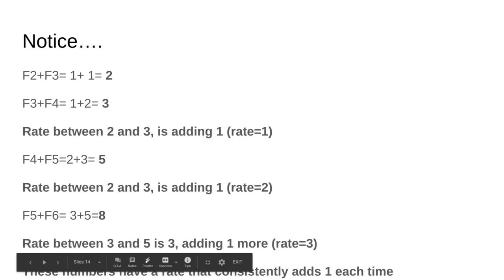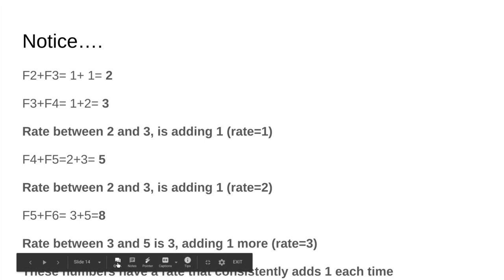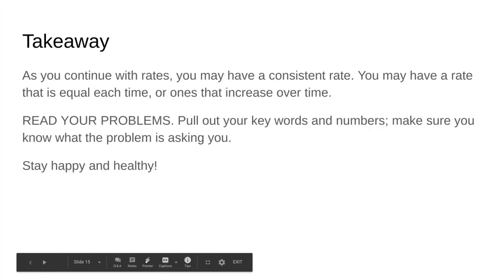If I notice something about these rates, the rate between 1 and 2 is adding 1. If I look at the rate between 2 and 3, I'm adding 1 to that rate. So my rate is continuously going up by 1. Same thing for 3 and 5. Those numbers have a constant rate, consistently adding 1 each time.